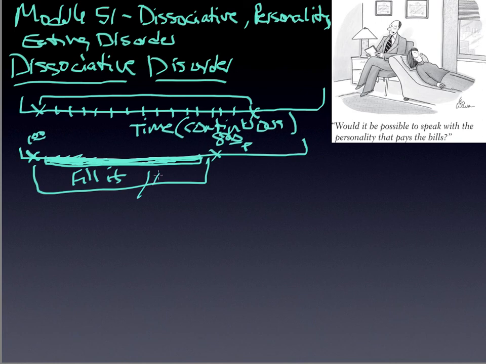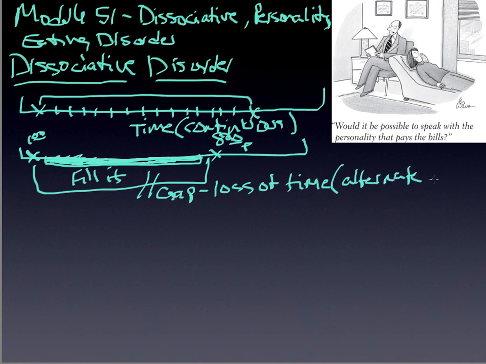So there's this big gap in time that occurs, and in MPD world, it's referred to as the loss of time. They don't know what they did during that time, and usually during this time, an alternate identity was active. It used to be that we referred to it as alternate personality. And identity itself basically has not only a range of emotions. There are 3 component parts here. Range of emotion.